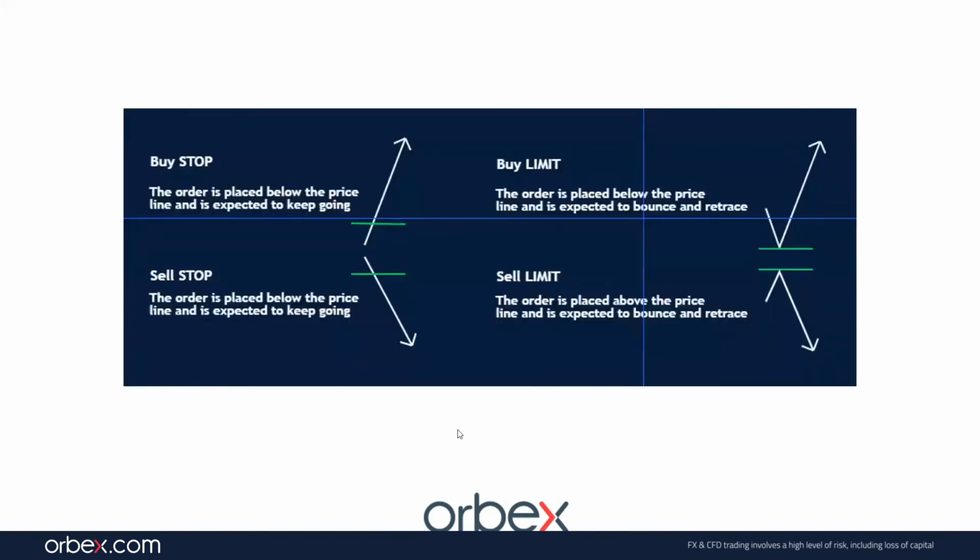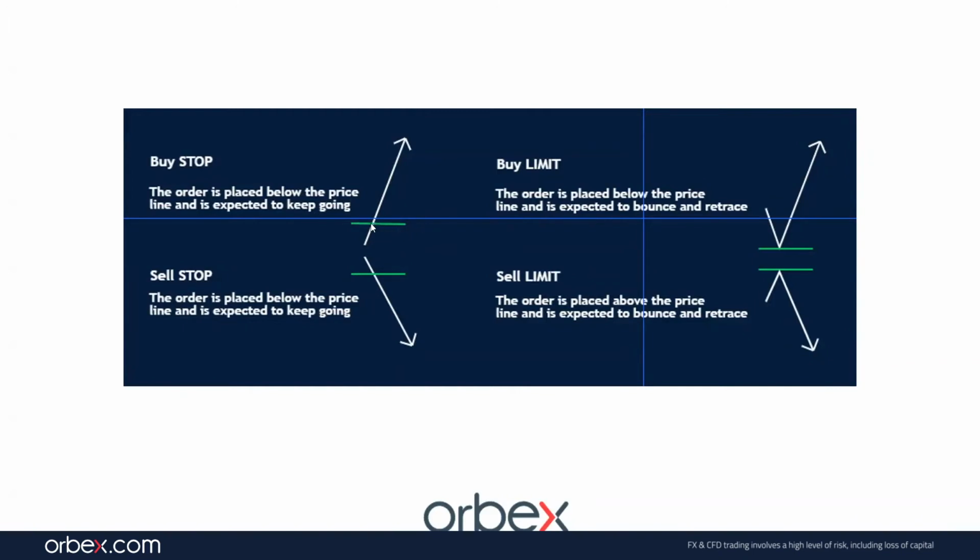A stop basically means that we are expecting the price to break through and then keep going. For a buy stop, the pending order is made above the market price. Once the market price is broken, we move higher. I put this green line in to denote the bid line, and then this is the pending order.